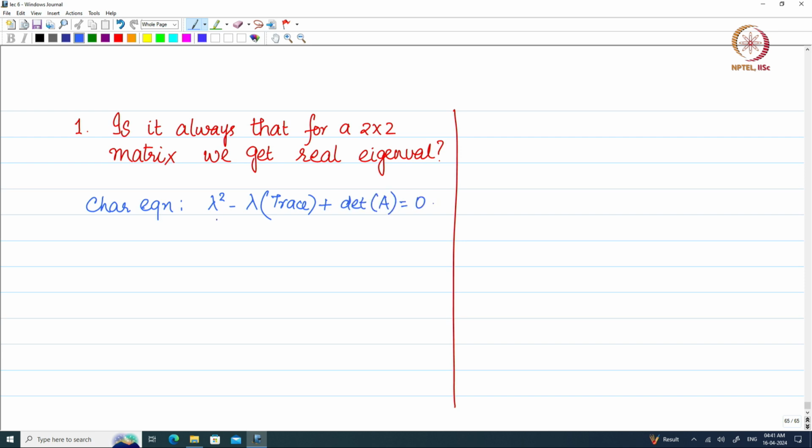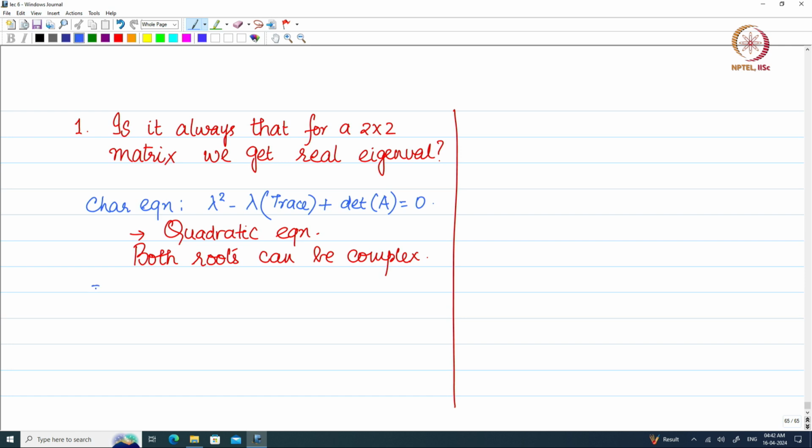Now this is a quadratic equation where both roots can be complex. That means the roots will appear as complex conjugate pairs, in which case we will not have eigenvalues to be real at all.